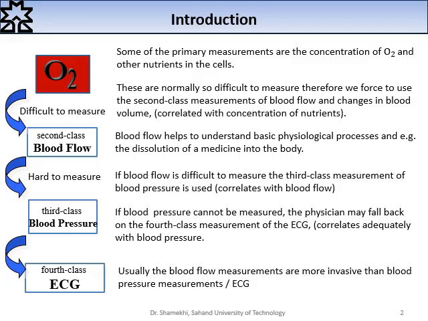Therefore, blood pressure is less invasive than measuring the flow of blood. If blood pressure cannot be measured, the physician may fall back on the fourth class measurement, the ECG. ECG is correlated adequately with blood pressure.